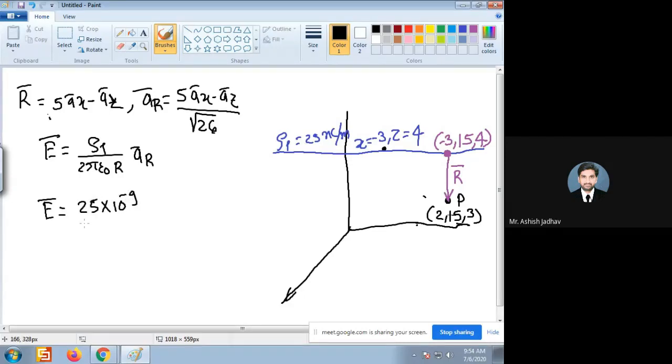This is the value of rho L given. Then 2 pi into 10 raised to minus 9 upon 36 pi into under root 26 is the value of R. I think it's not a square, right?